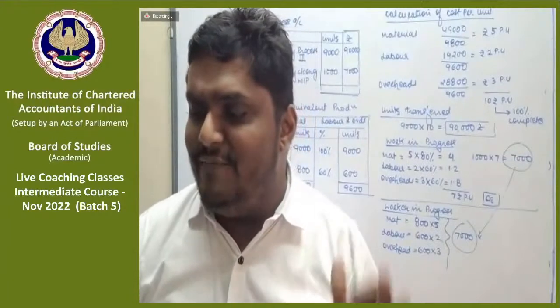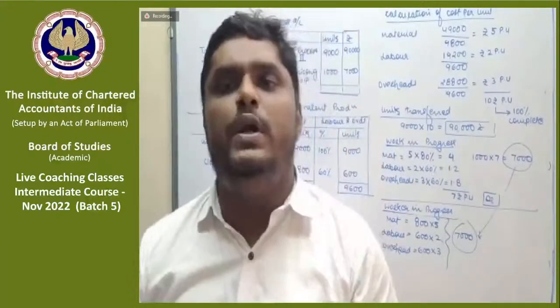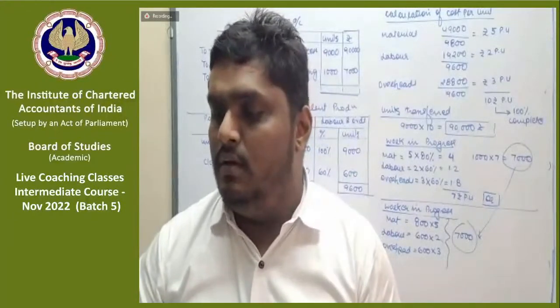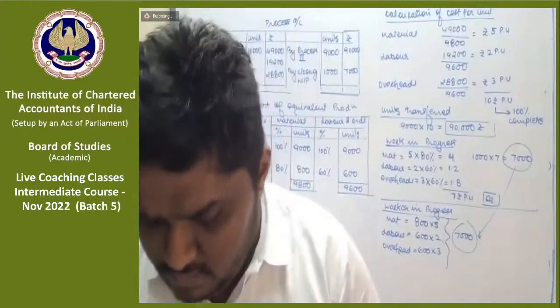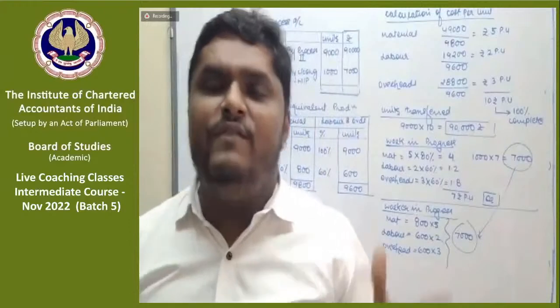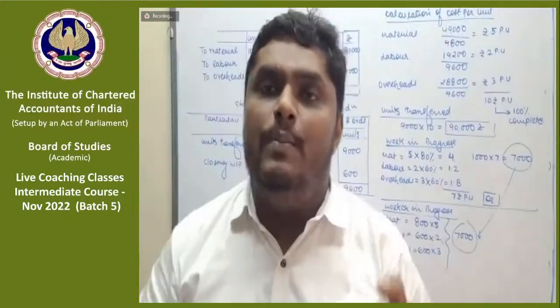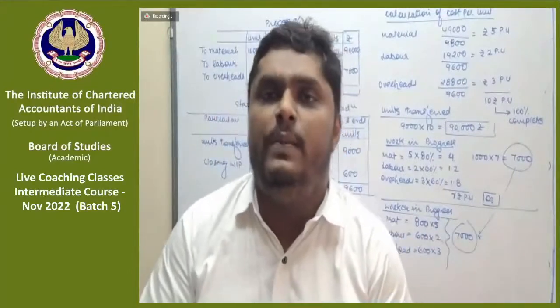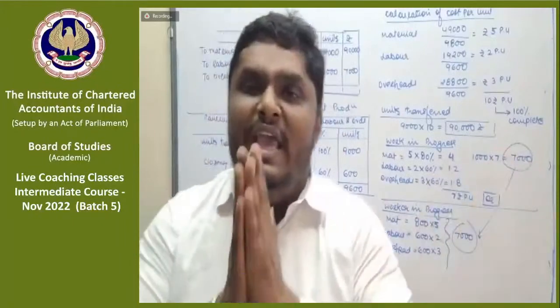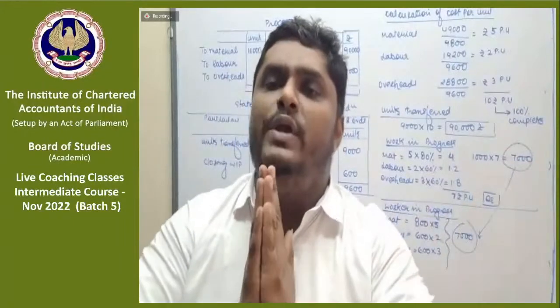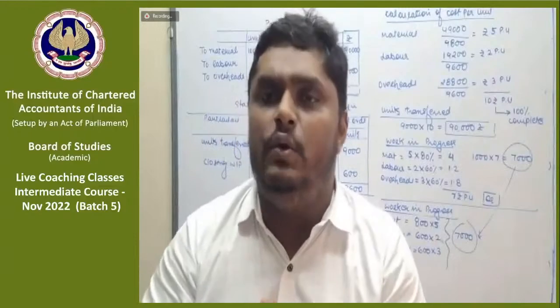If you guys have any doubts, the conceptual doubts, you guys can ask me. Very good, Hitesh Jain. So now we have enough of time for your queries about the basic concepts of work in progress. You can ask me any conceptual queries. If you need more explanation also, I'm there to help you out.